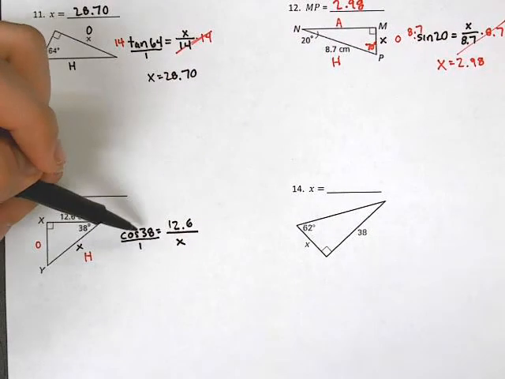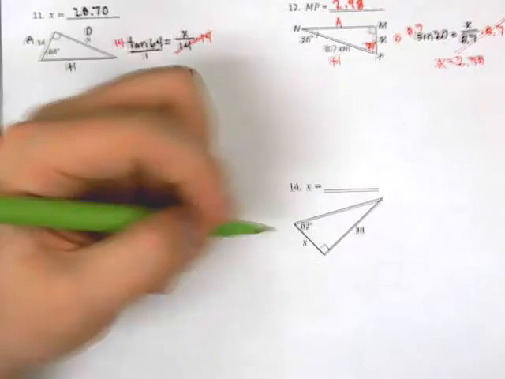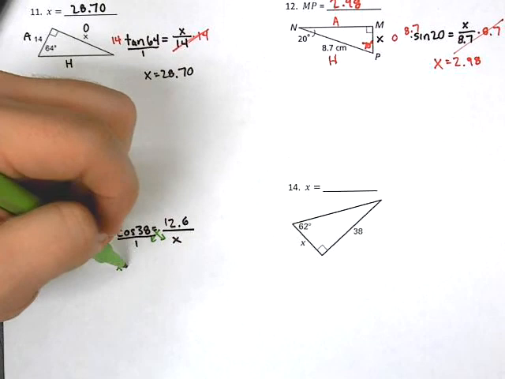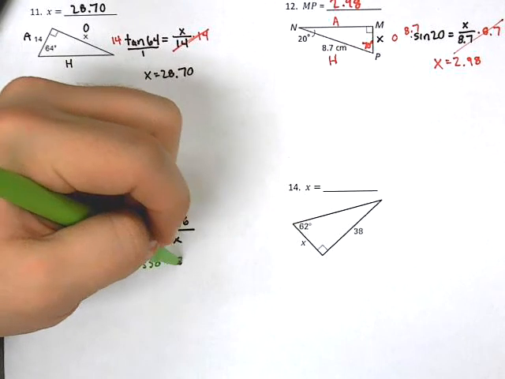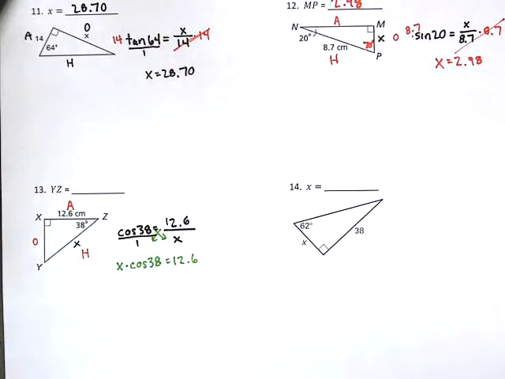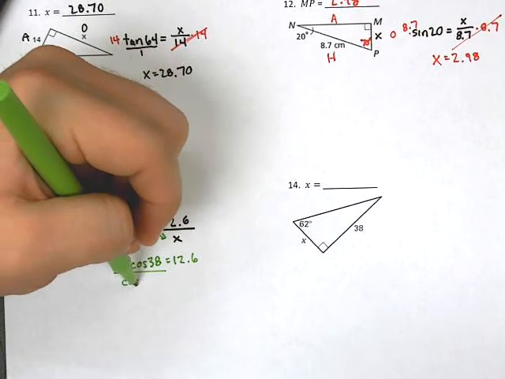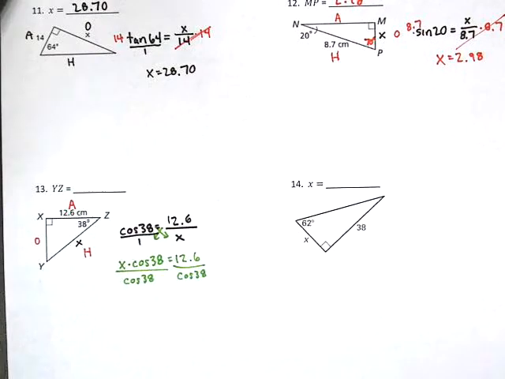When I put this cosine 38 over 1, and I now cross multiply, well, that's going to give me x times cosine of 38 equals 12.6. And then if I want x alone, I'm going to have to divide by cosine 38.